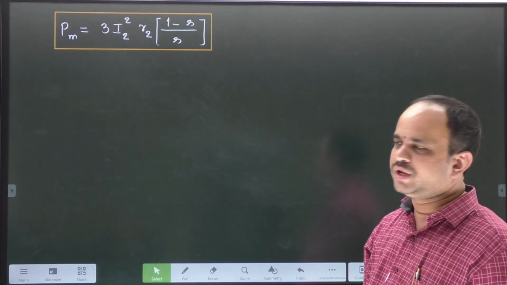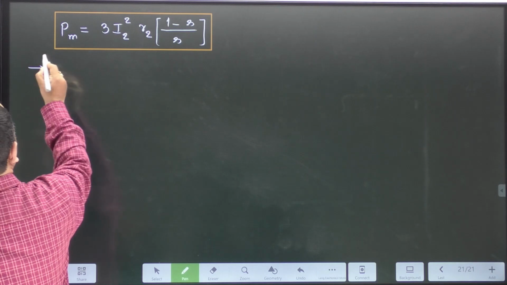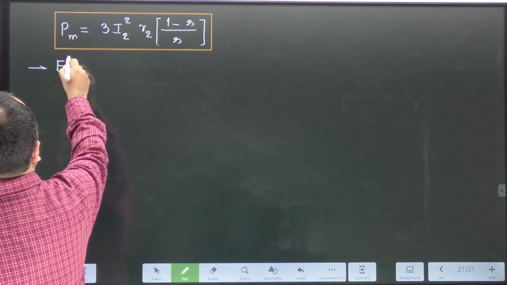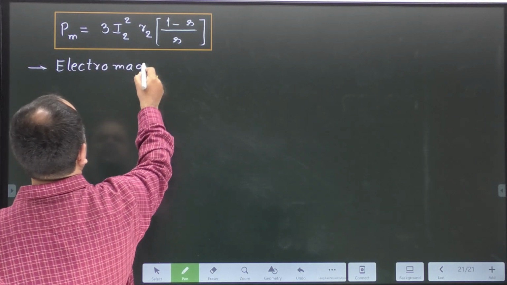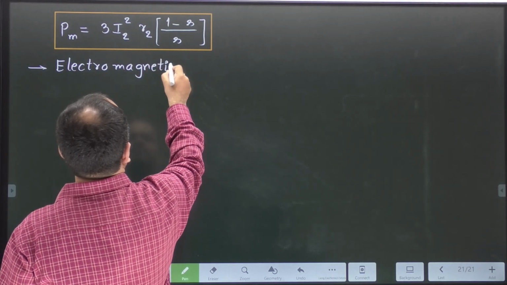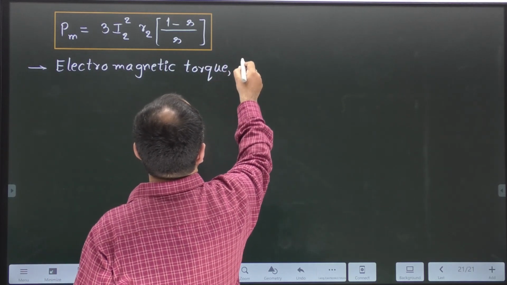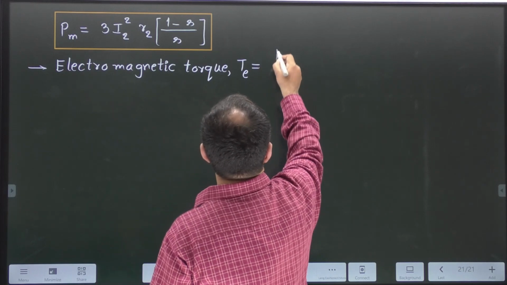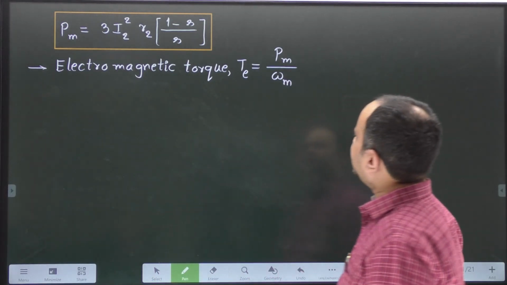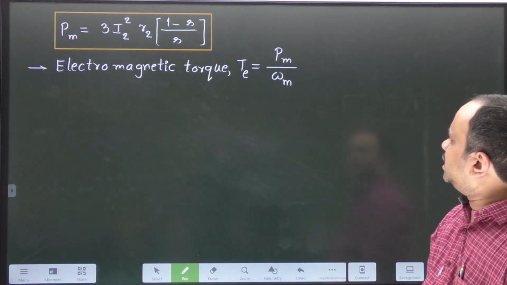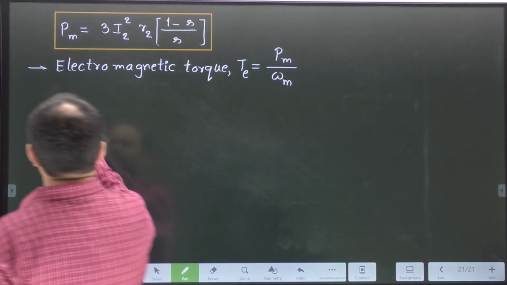It's just repetition only. Now, what is the objective of doing these equations? We want expression for electromagnetic torque developed by the induction motor. TE is equal to PM divided by rotor speed in radian per second. So that PM is equal to TE multiplied with omega m. Now let us substitute. What we will get?